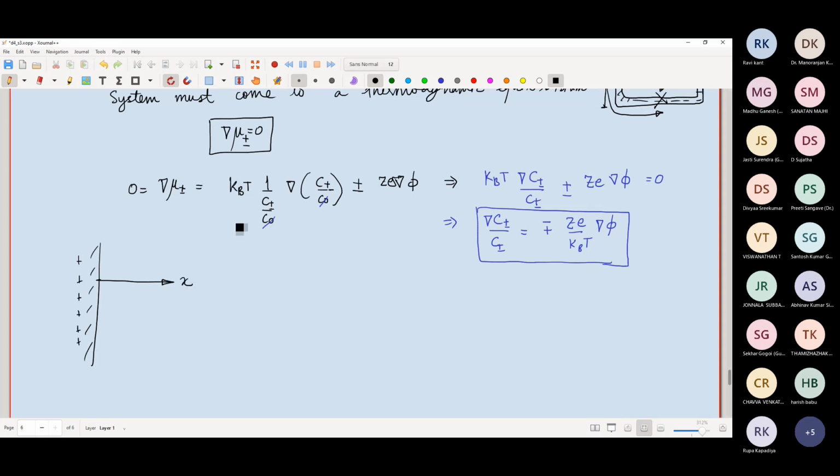So the gradient of c plus minus will become dc plus minus over dx, with a 1 over c plus minus, and this will be minus plus z e over kT times d phi dx.